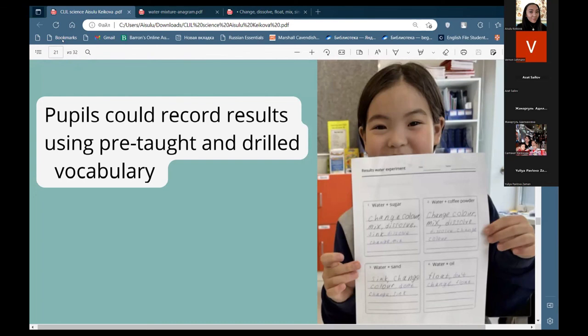Because you remember when we met with various schools, the main question was how to manage the classroom, because some schools have 25 students per class, some more. So that was the main question. That's why I was asking this.